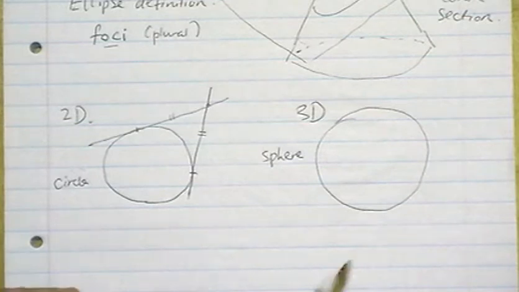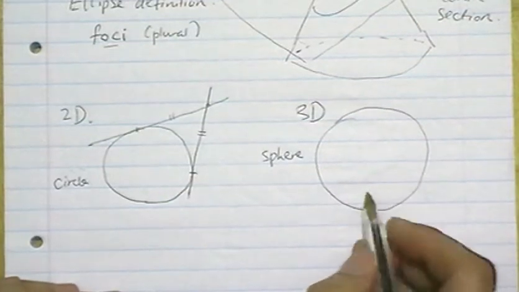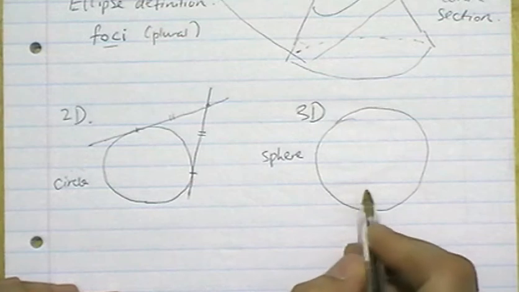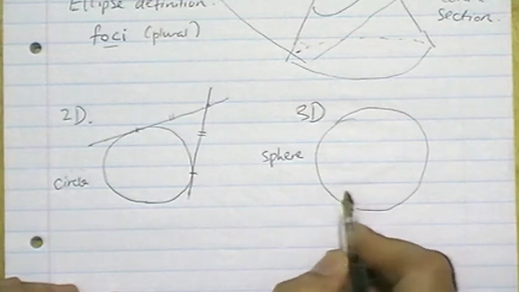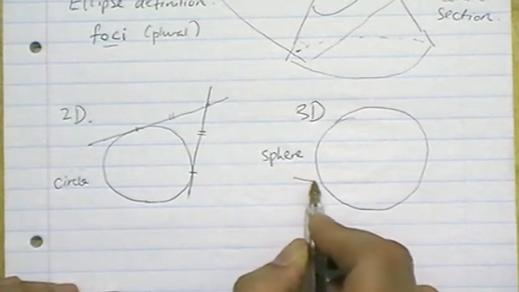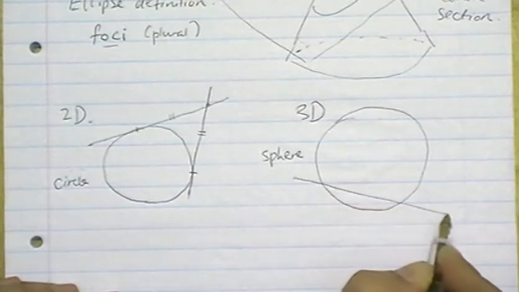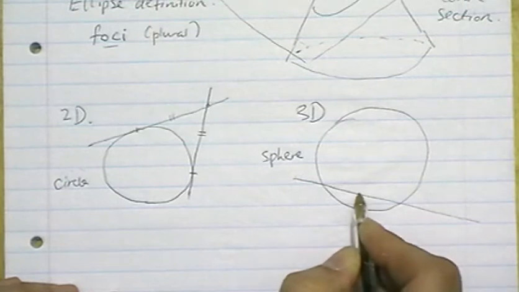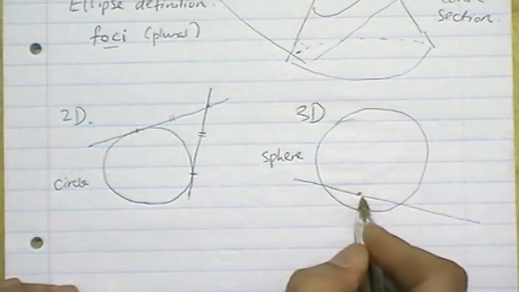Suppose now that I have a line that touches the sphere at, say, this point.